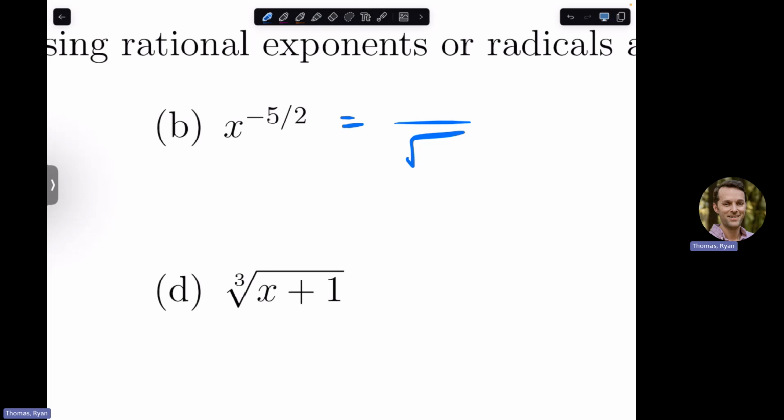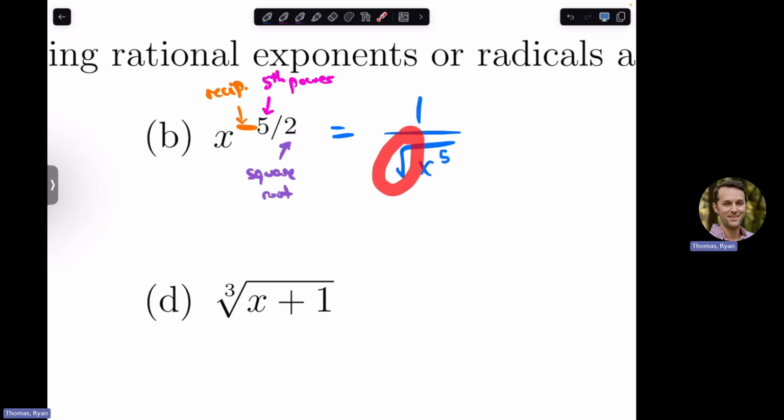Square root of what? The 5th. 1 on top because it's the reciprocal, right? Negative means reciprocal. So it's the reciprocal of the square root of x raised to the 5th.